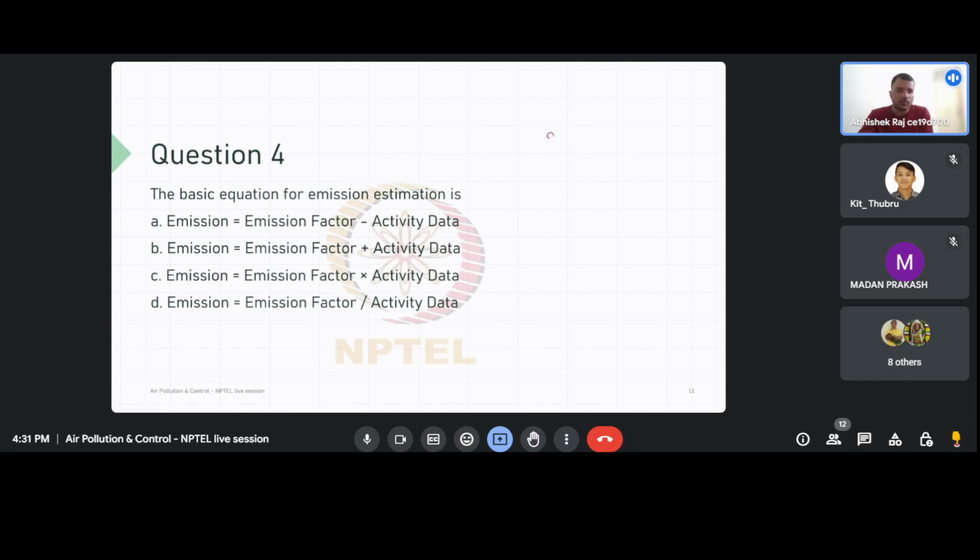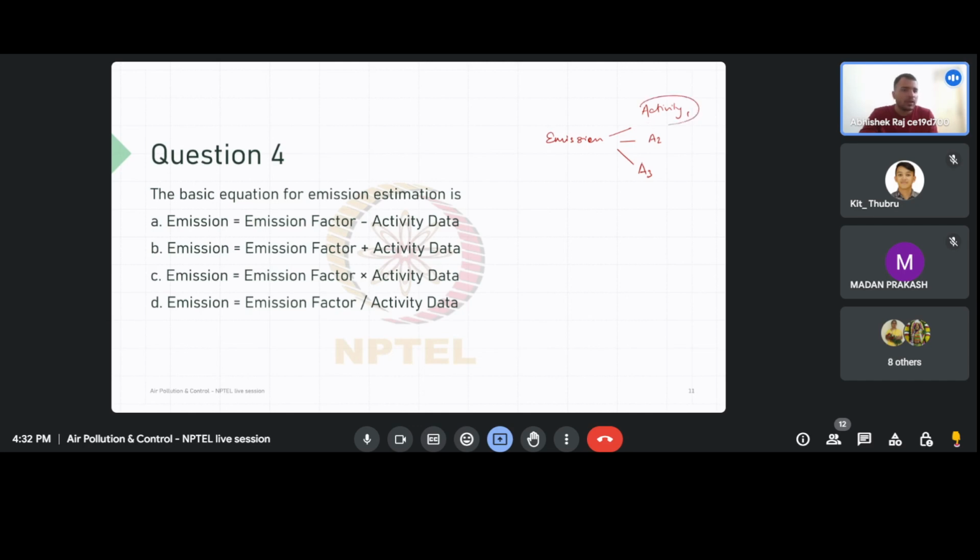As we saw in the previous question, we'll have the air emissions, which will come from different sources. A more technical term to use for this is activity. There will be different activities happening, A1, A2, A3, and these activities will be happening at different scales. There may be a large building getting constructed, a small building, a small house. Each of these activities will have a different emission factor.